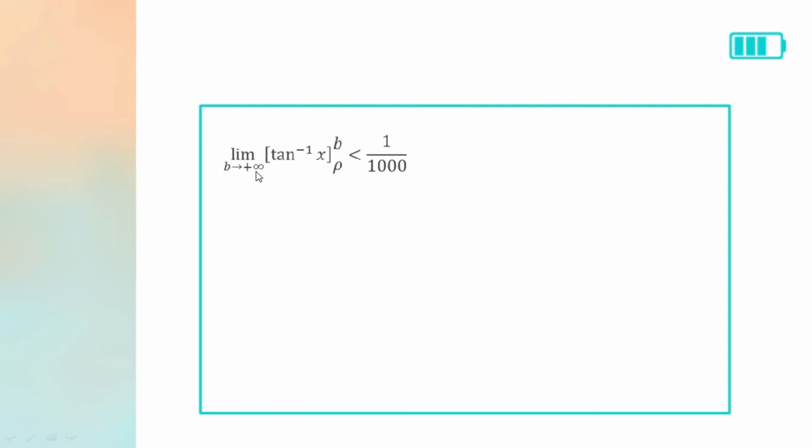So we rewrite in the limit formation. It should be the limit as b approaches positive infinity of arctangent x from rho to b less than 1 over 1000. Step number 3, inserting the boundary. Put the upper boundary and lower boundary: limit as b approaches positive infinity of arctangent b minus arctangent rho less than 1 over 1000.